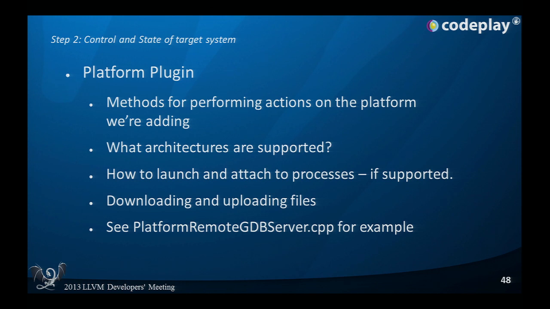Supporting that part is very important. If you don't support launching processes, then we need to show that to the user in a very nice way. They're already debugging a very hard problem. They don't need their debugger to be giving them cryptic error messages. It also covers the architectures they support, and you can see the GDB server for an example.